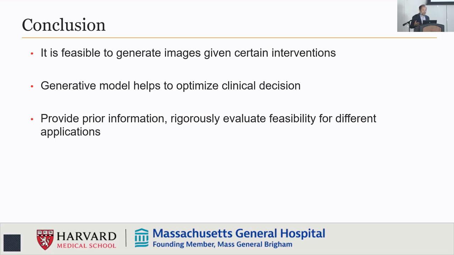You also need to rigorously evaluate feasibility for each given application, particularly since this is a very ill-posed problem. I want to introduce these two applications and my thinking about them, so that hopefully it inspires you to think about other applications following the same type of pattern.